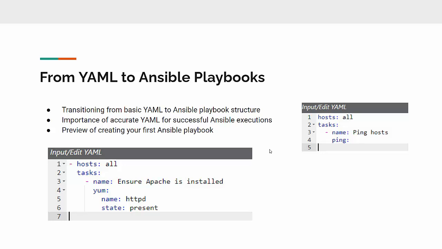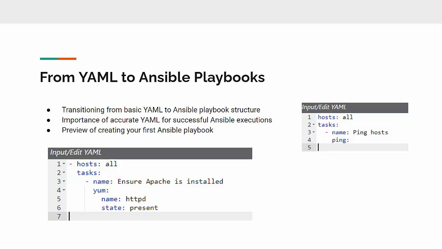This comparison shows a basic playbook task in YAML, emphasizing how Ansible leverages YAML's strengths to manage complex automation tasks with ease. As we continue, we will dive deeper into creating and managing these playbooks, bringing our automation tasks to life.